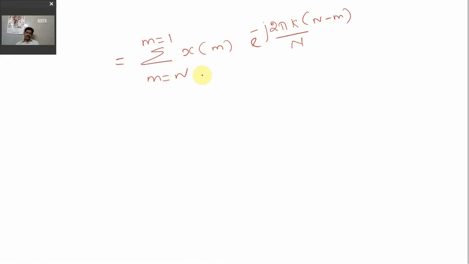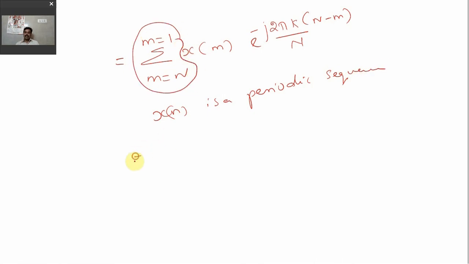Now this x of n is a periodic sequence. Since it is a periodic sequence, this limit can be changed to m equal to 0 to N minus 1.